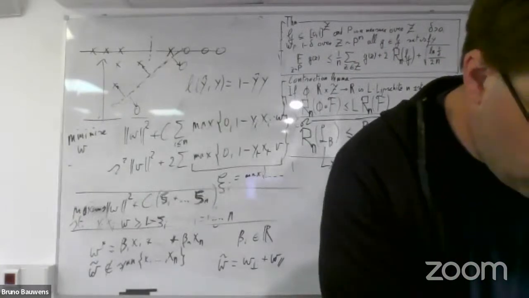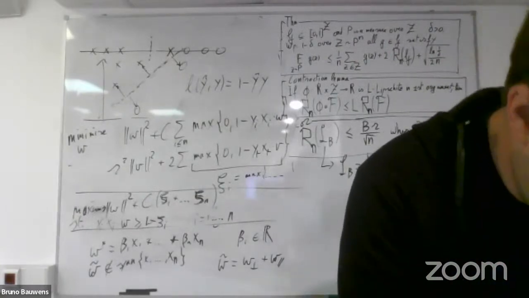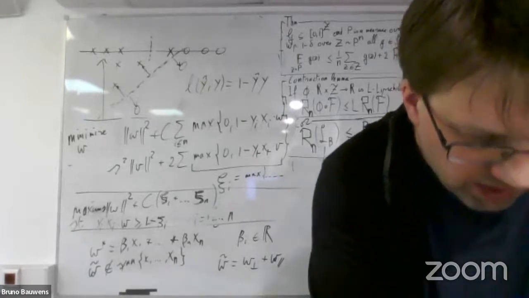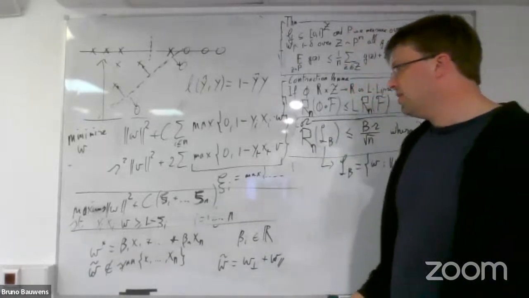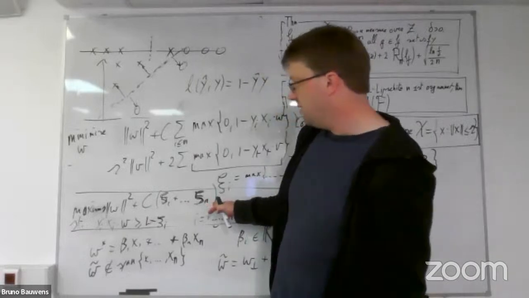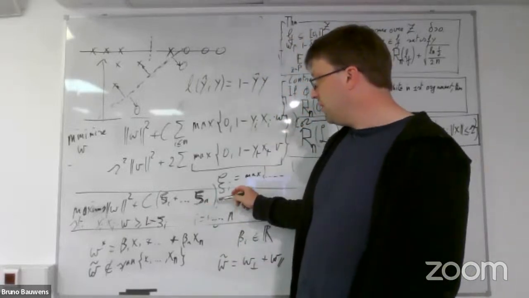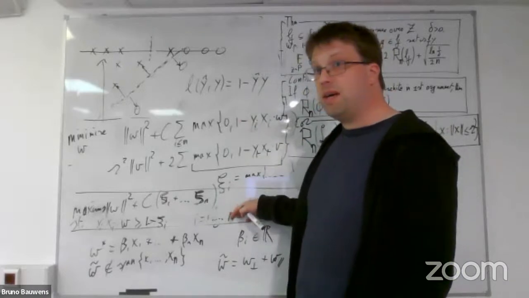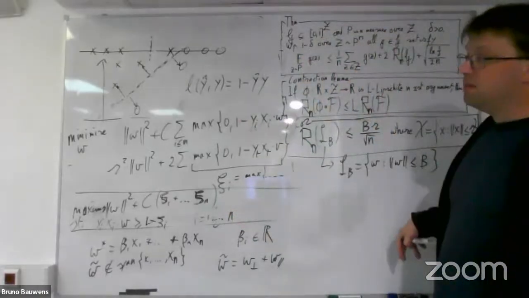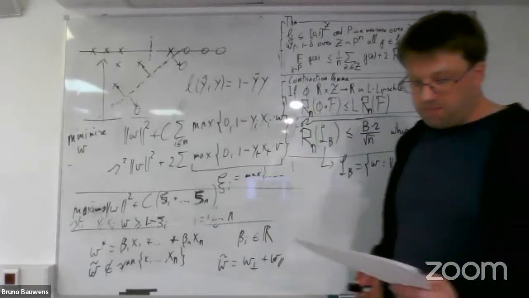So let's now speak a little bit about the margin risk bound. Note that in applications, as I already said, the input dimension is huge. We want a risk bound that does not depend on the input dimension, and these theorems will help us to obtain it.